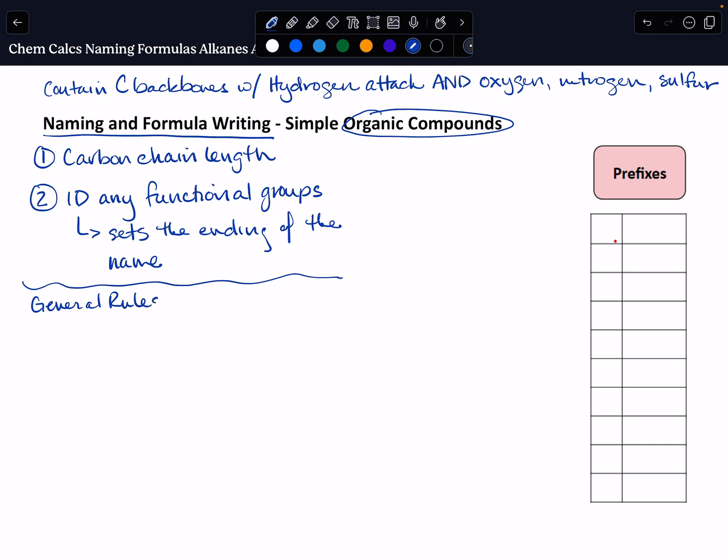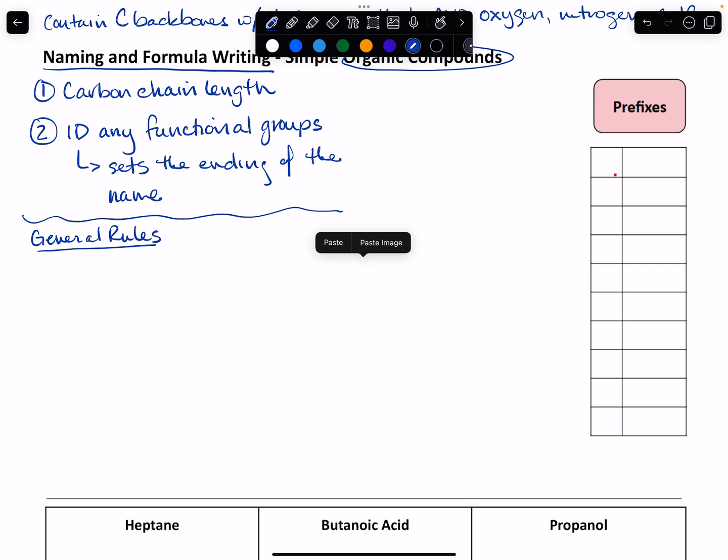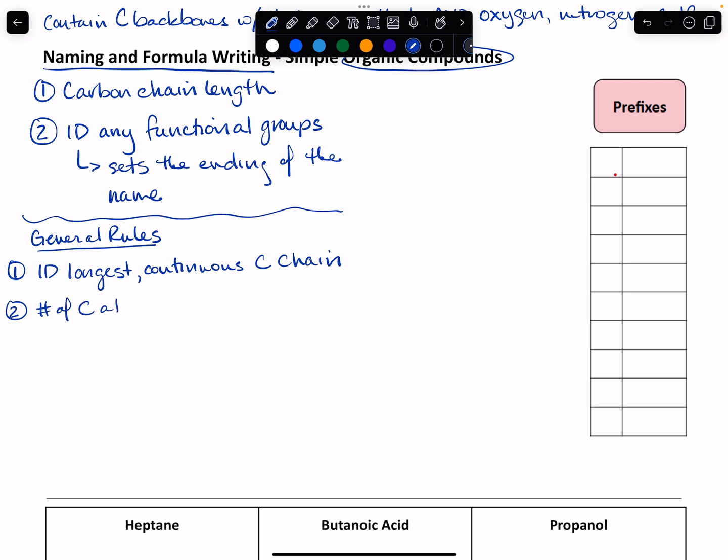All right, so let's lay out some general rules. All right, and again, these are very general. If you're taking organic chem, go find a more comprehensive video. All right, the first thing you want to do is ID the longest continuous carbon chain. Once you do that, the number of carbon atoms determines the prefix in the name.